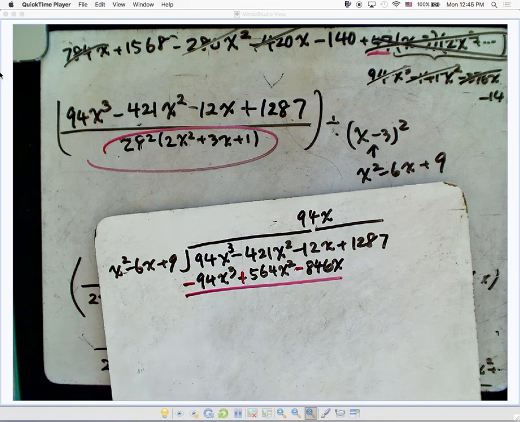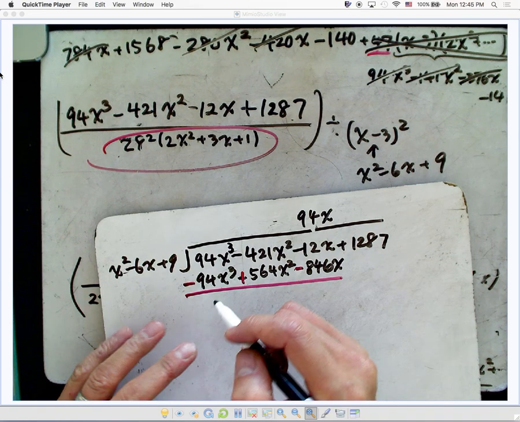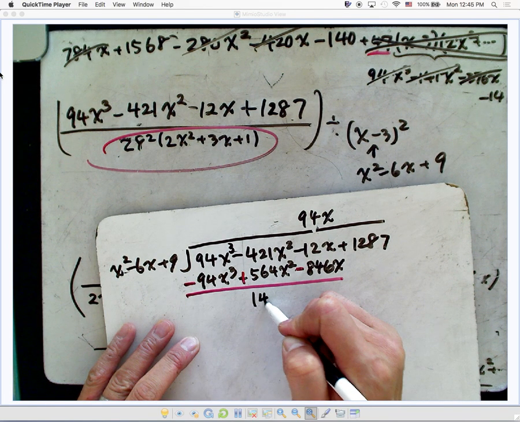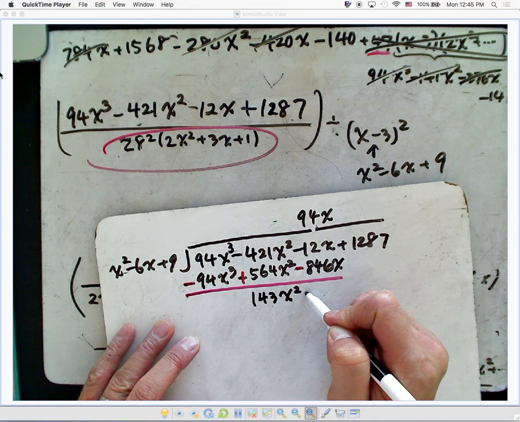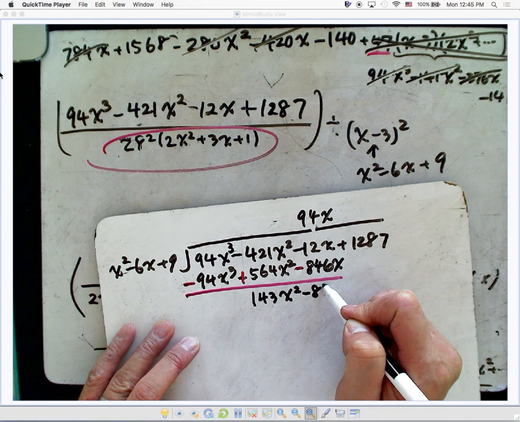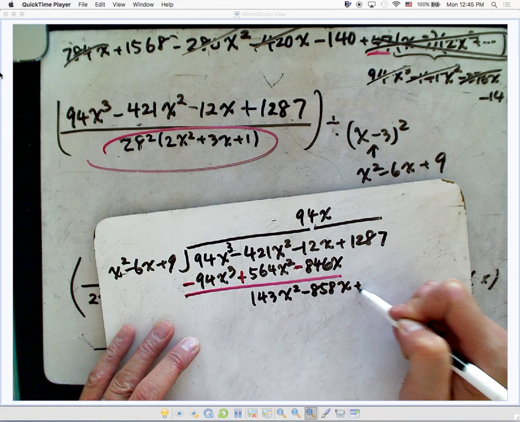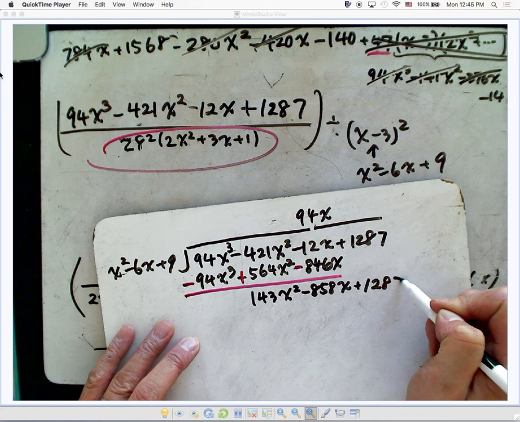Then I'll have 143x² minus 858x plus 1,287.